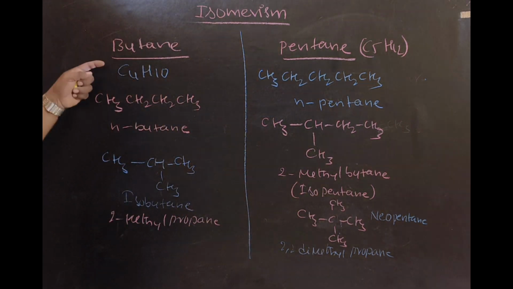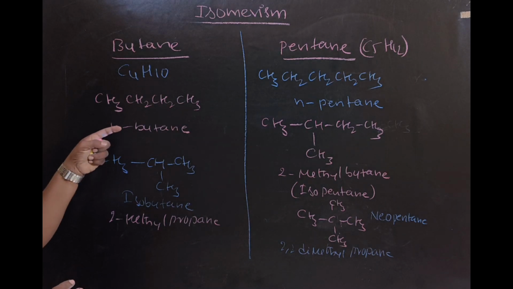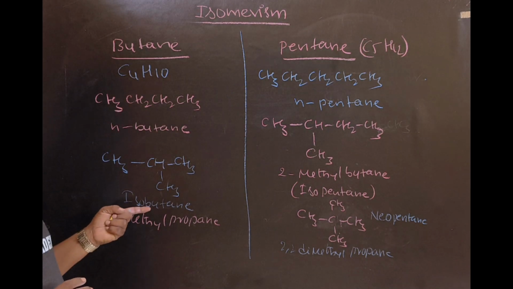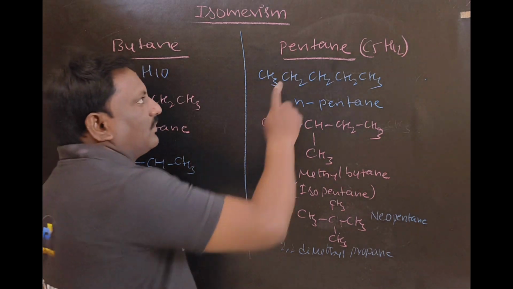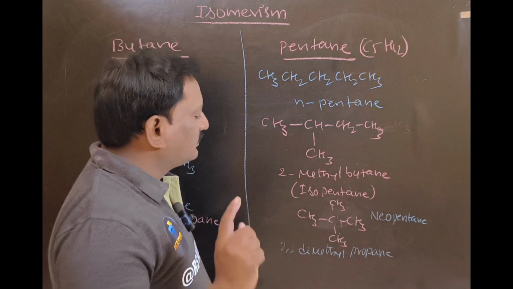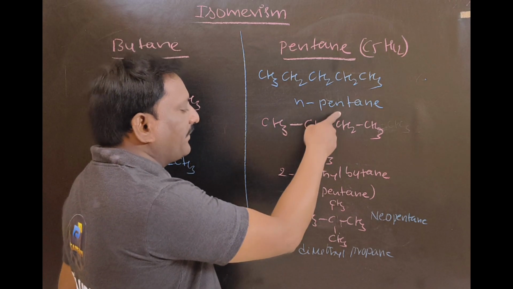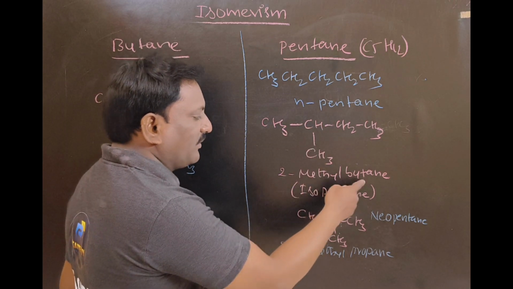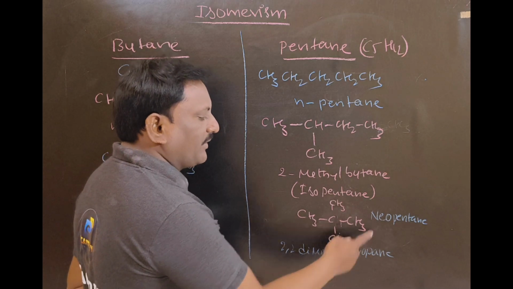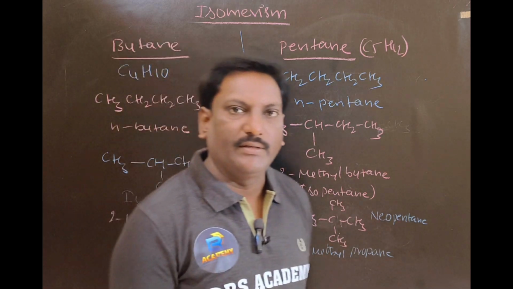So these are the chain isomers of pentane and butane. Butane has two isomers: n-butane and 2-methylpropane, also called isobutane. For pentane you will have three: n-pentane, 2-methylbutane, also called isopentane, and 2,2-dimethylpropane, also called neopentane.